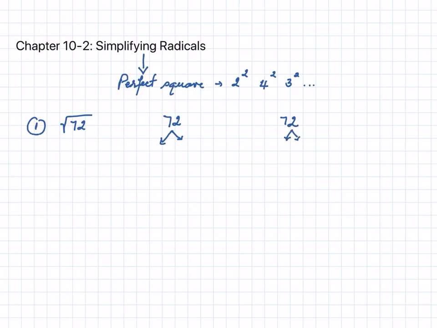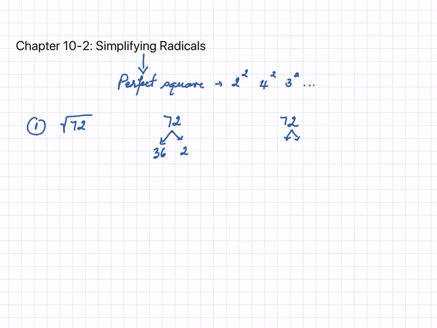I'm looking at 36 and 2. You don't have to go all the way down to prime numbers. Remember, a prime number is either that number and 1. So for 72, you figure out it's 36 and 2.